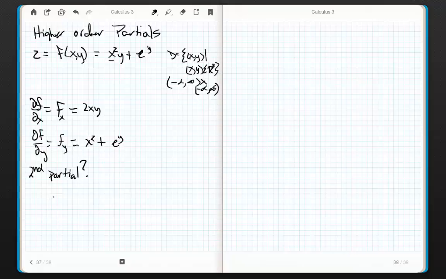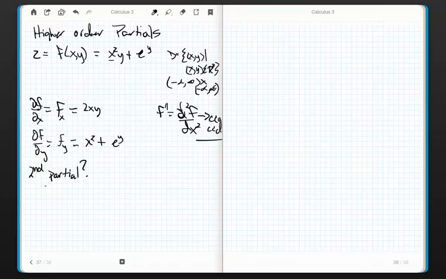You still have to remember how these things behave, okay? So remember our notation for a second derivative. We had f double prime is equal to d2f over dx squared, and that gave us concavity, right? Concave up, concave down, things like that.